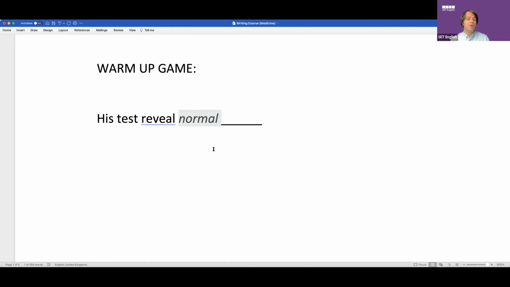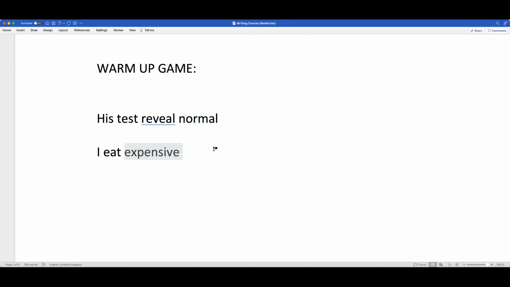What type of word is normal? Adjective. So why do people always write sentences like this? Because they don't understand word formation, right? This is an adjective, this is a verb. You can't do that in English usually. You can't say, I eat expensive. Does that make sense? No, that's an adjective.